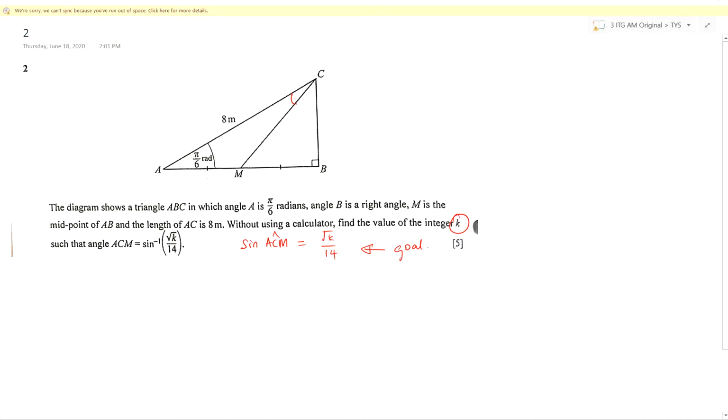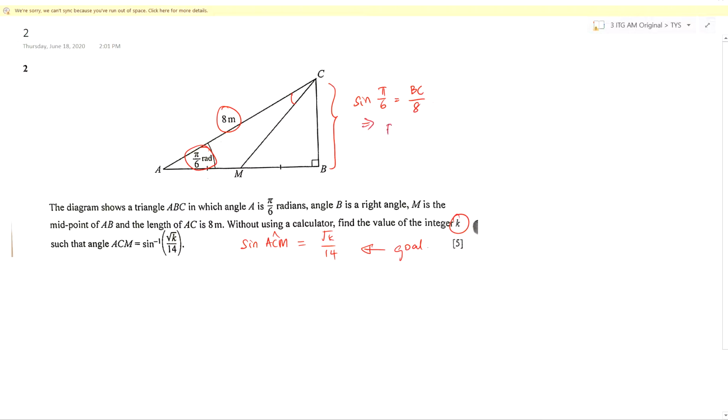Now, as we continue, we see that this is a right angle, and given one angle and a hypotenuse, I should be able to find an expression for BC using sine of pi over 6 equals BC over 8.